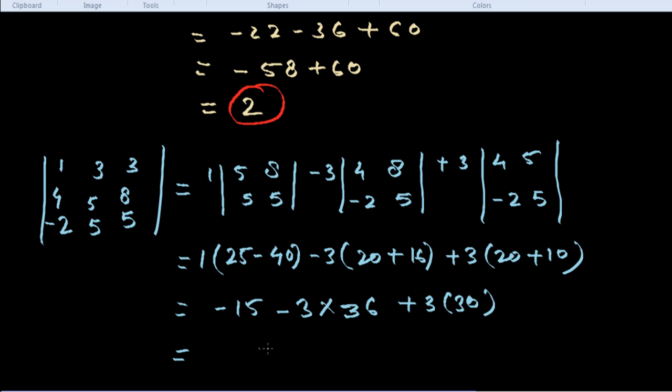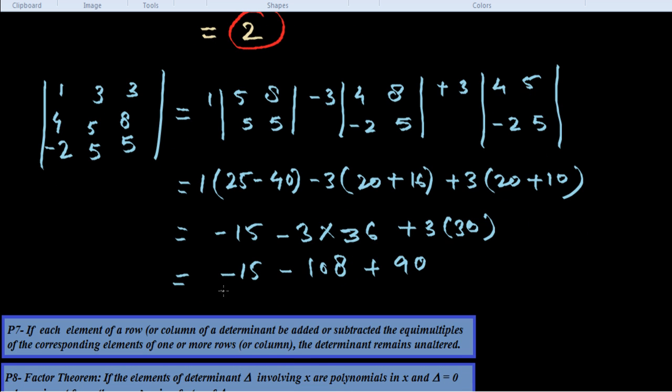Minus 15 minus 3 into 36, we get 108, and here 90.